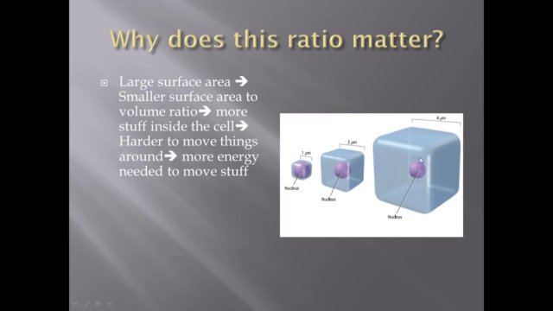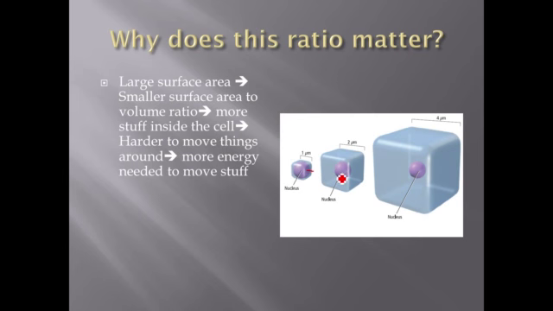So let's say I'm the nucleus right here, and I want to send things outside of the nucleus. Well, that means I am going to have to find a way to do that. If I'm going to send something from the nucleus out here, it's a quick trip. I just clink, bang, and I'm done. I'm outside the cell, and I can send my product out. If I'm in this cell, I'm only twice as big, but I have a lot more volume.